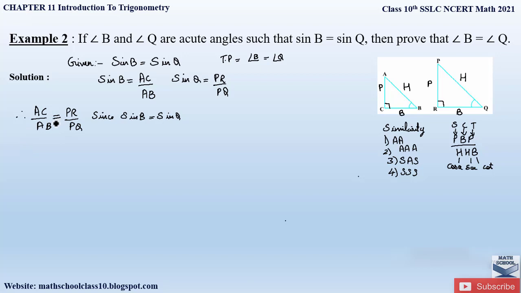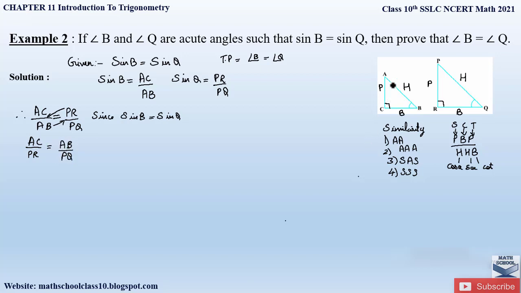So now let us send this AB to the numerator of the right hand side, and let us bring this PR to the denominator of the left hand side. So we are going to get AC by PR is equal to AB by PQ.